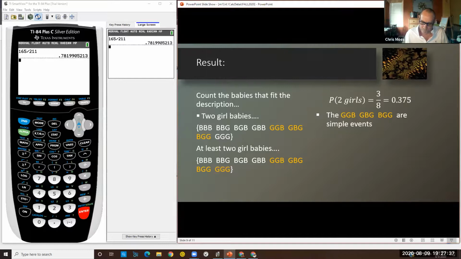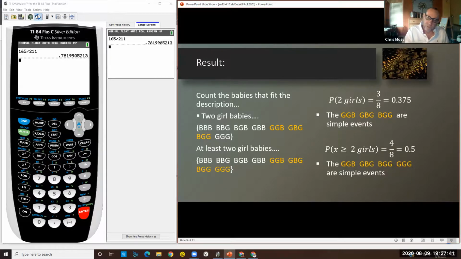So the probability that X, being the number of girls, we'll talk more about that in another lecture, is greater than or equal to 2 girls: 4 out of 8 or 0.5.